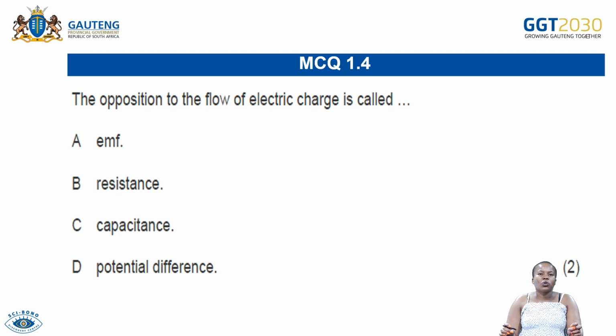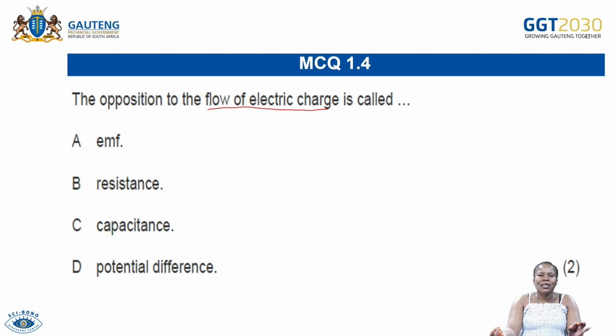Multiple choice question 1.4: the opposition to the flow of electric charge is called. So this is more like a definition, more about reminding yourself what opposes the flow of electric charge. Remember, the flow of electric charge is current, the rate at which charge is flowing in the electric circuit.